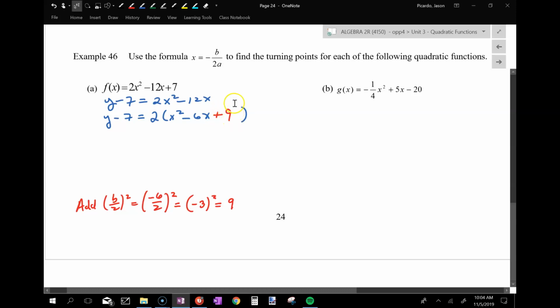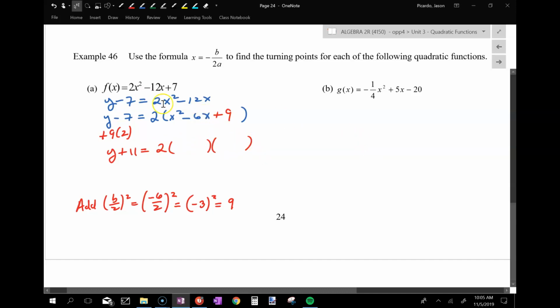But hang on, guys. I didn't really add 9. I really added 9 times 2. So what does the left-hand side become? It's y minus 7 plus 18, y plus 11, equals 2 times what?